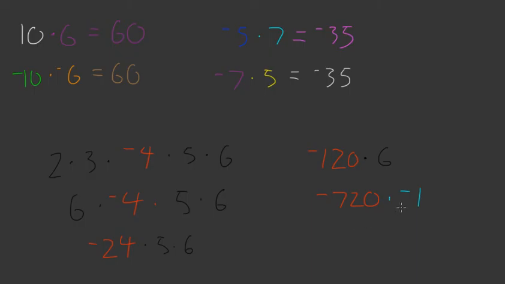So now those two negatives resulted in a positive 720. So those are some key rules that you need to understand when it comes to multiplication. All right. We'll go over the rules when it comes to division in the next video.